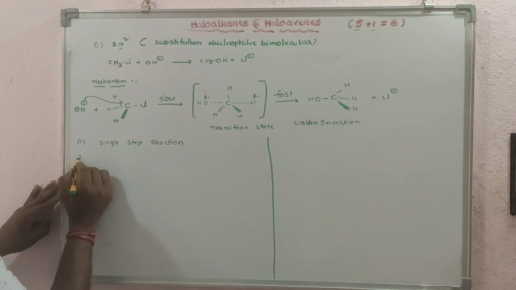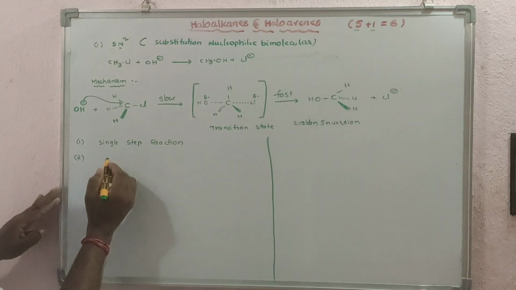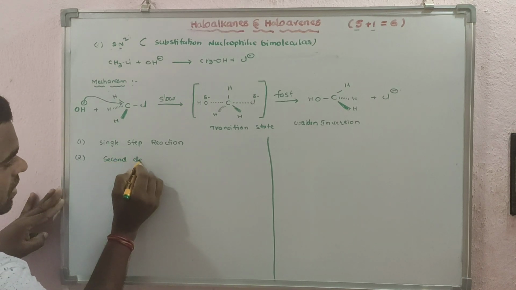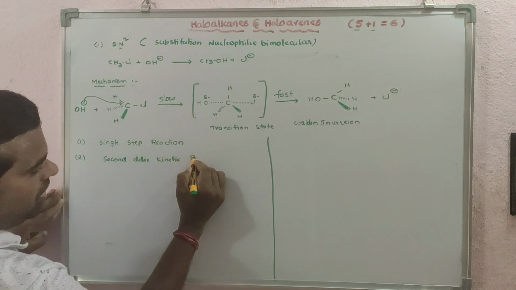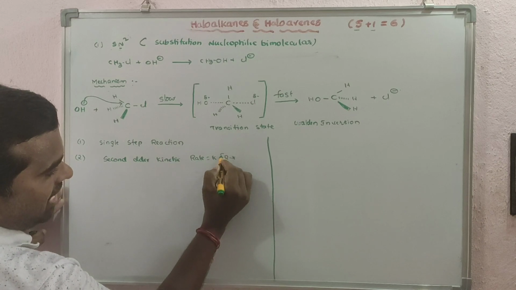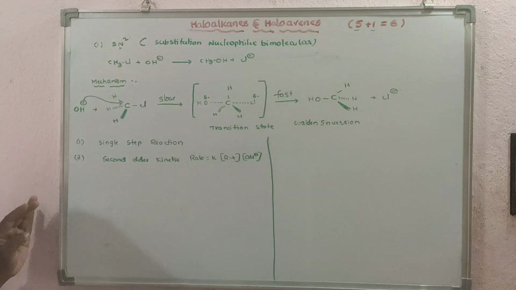And it is a second order chemical kinetics. It follows the second order kinetics. Means that rate, as I have already mentioned, is equal to K into alkyl halide concentration into OH minus concentration.